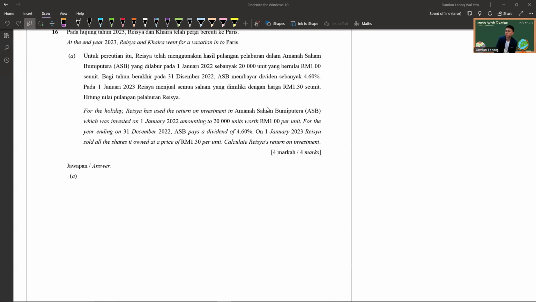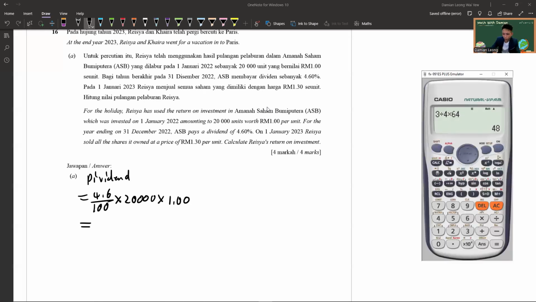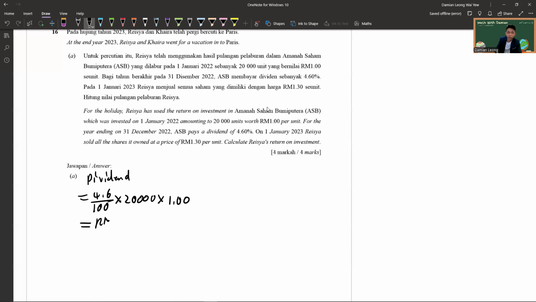So, let's see. We calculate the dividend as 4.6% times 20,000 units times the 1 ringgit price per unit. So 4.6% times 20,000 times 1, which is 920 ringgit.